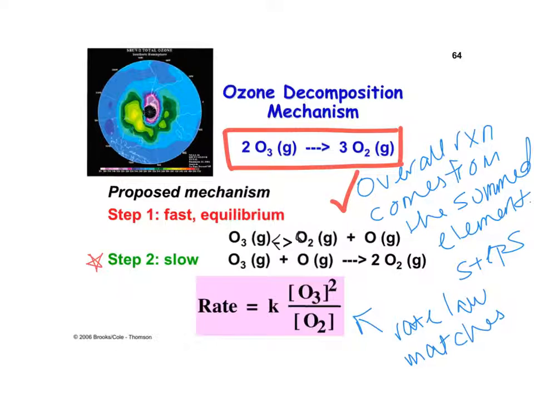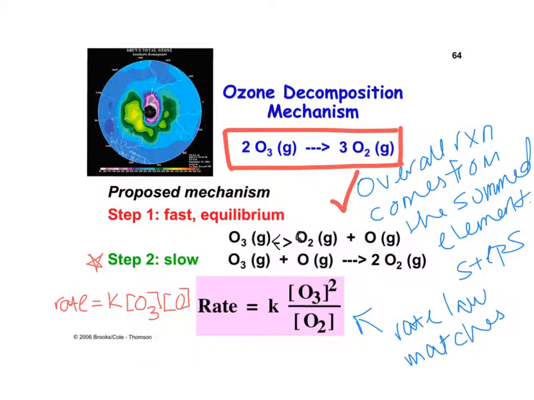So this is what it would look like. Rate equals k, and then if you look, we have concentration of O3, and we also have concentration of O.